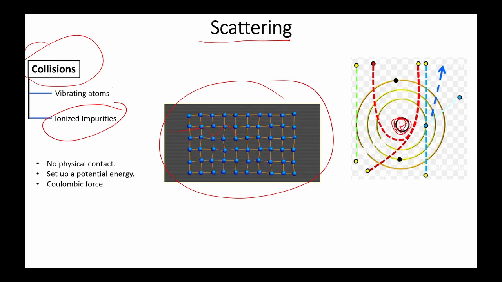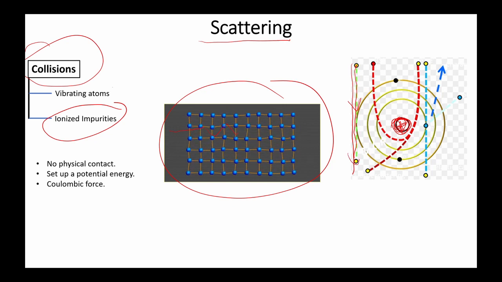Can you see this picture? This is the ionized impurity, and this is the positively charged nucleus. The electron is moving in this direction, from here to here. It is not in the vicinity of the electric field or the potential of this positive nucleus, so it will pass through.